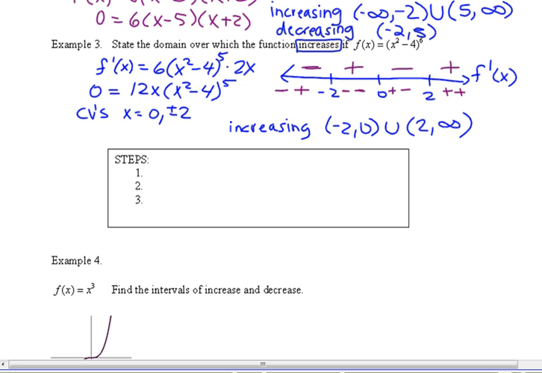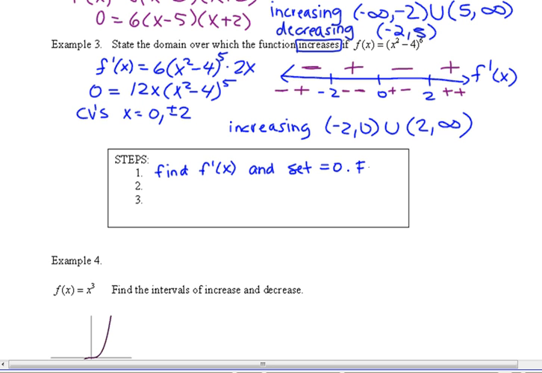So our steps are, what's the first thing we did? Find the derivative. Find f prime of x and set equal to 0. Find what?